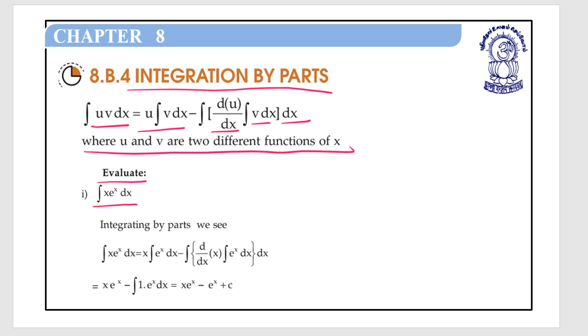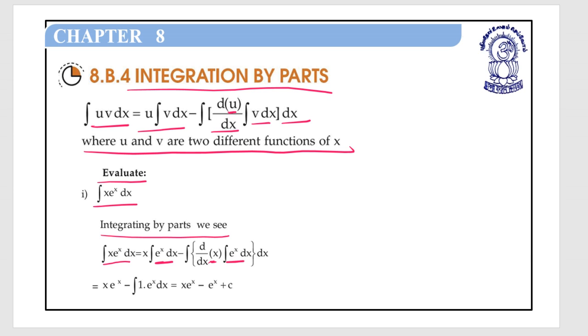Evaluate integration of x into e raised to x dx. Integrating by parts, we see x into e raised to x dx is equal to x into integration of e raised to x dx minus integration of d by dx of x into integration of e raised to x dx, because here u is equal to x.